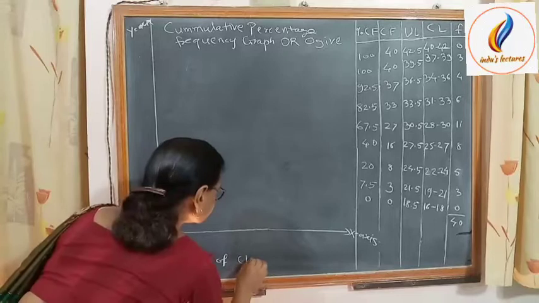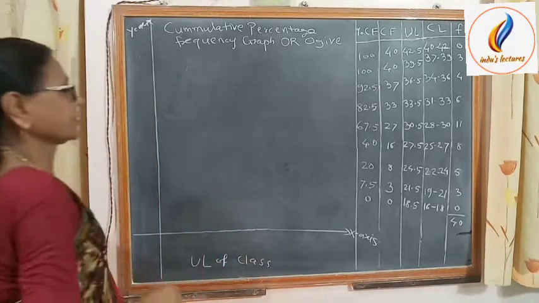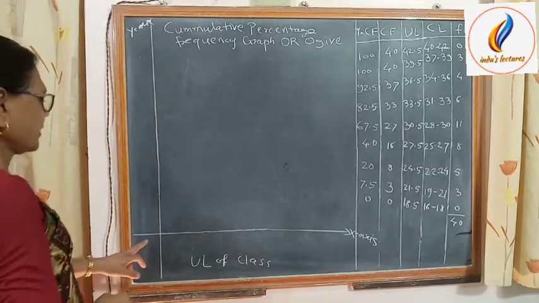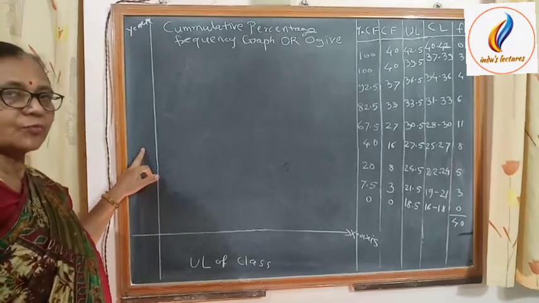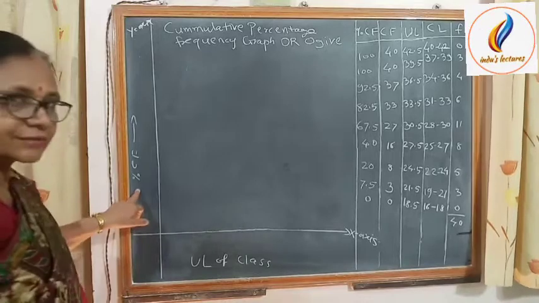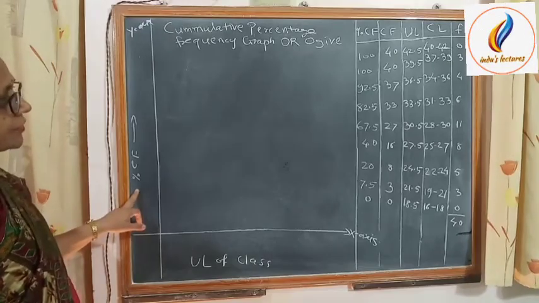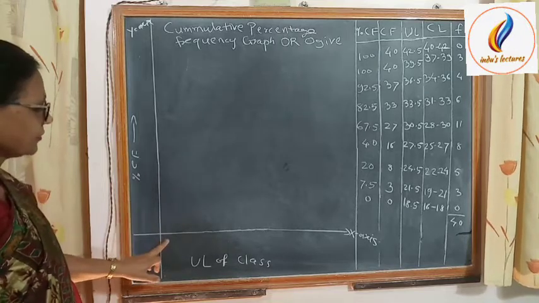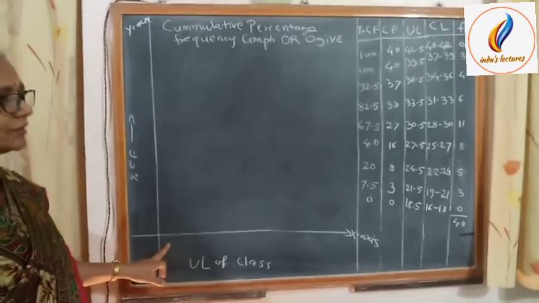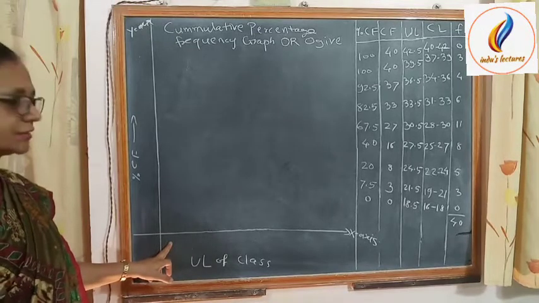Along the y-axis we will take the percentage cumulative frequency. Now decide the scale. Along the x-axis we take the upper limit of each class interval.